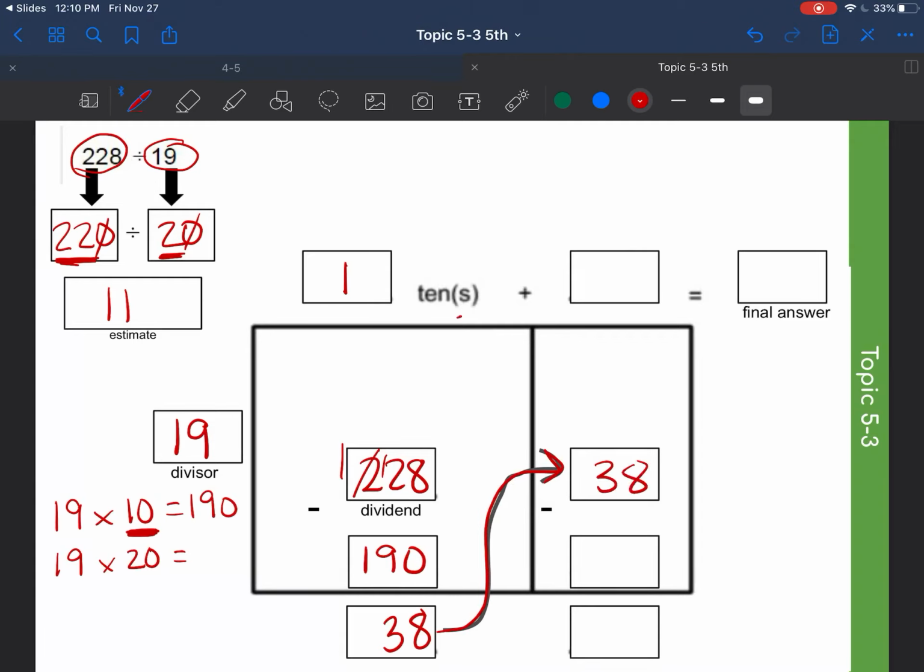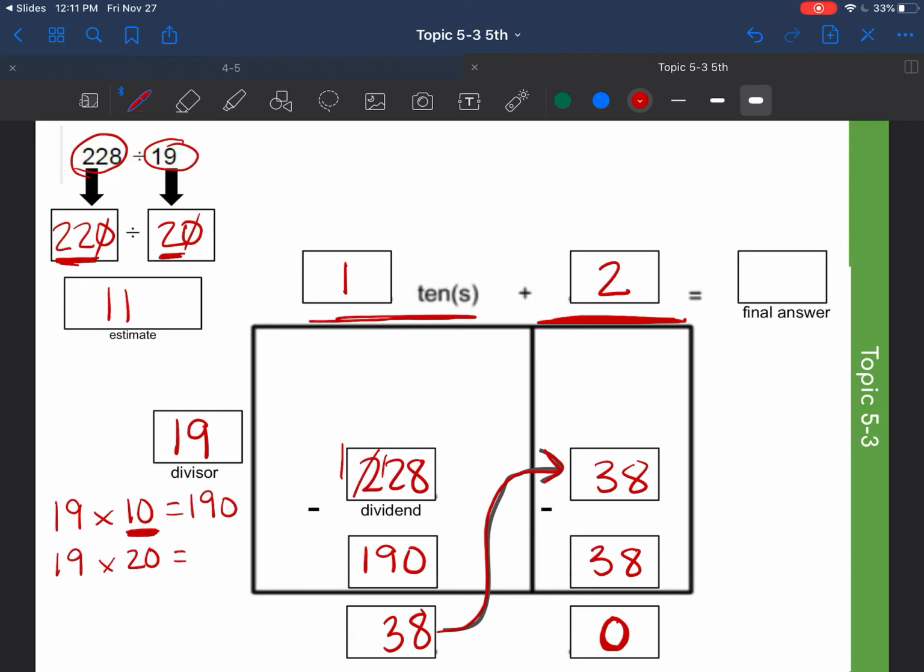So we dealt with the tens place here. Now we're dealing with the ones place here. So 19 times what gets you 38? What number? 19 times what number gives you 38? 19 times 2. So we put the 2 there, 2 ones. 38 exactly. And 38 minus 38 is 0. Again, we're not dealing with any remainders or anything. For these problems, you should be getting a 0.